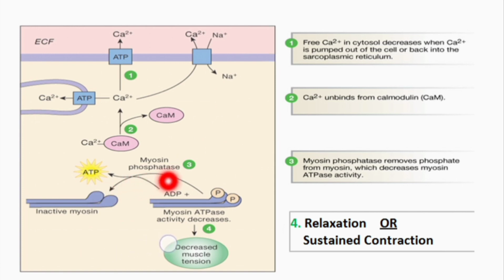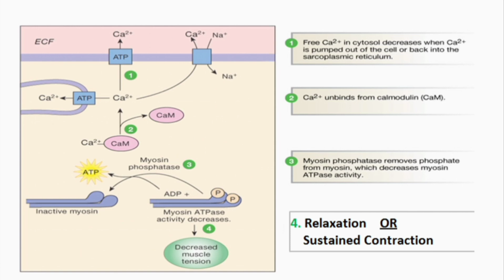So, there is decreased ATPase activity of the myosin head. Once the myosin head is dephosphorylated, its ATPase activity is decreased, and it cannot now cleave ATP to ADP and phosphate. So, now there are two possible scenarios: either the cycling stops and relaxation of smooth muscle occurs, or there is sustained contraction.